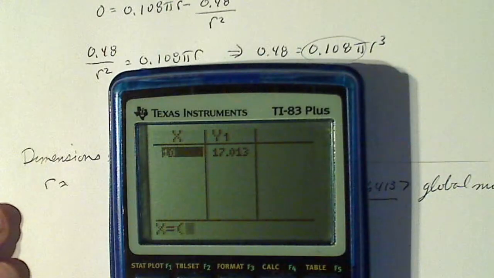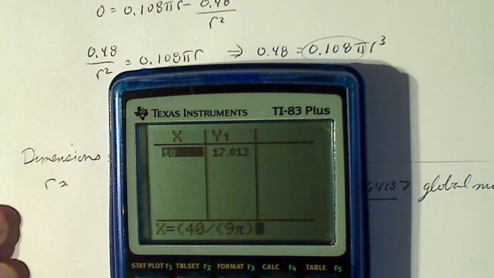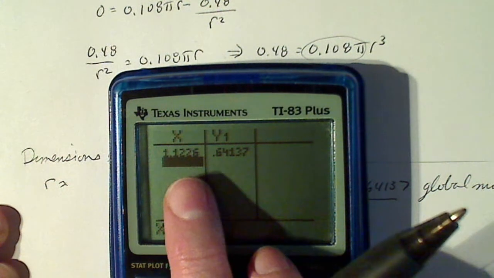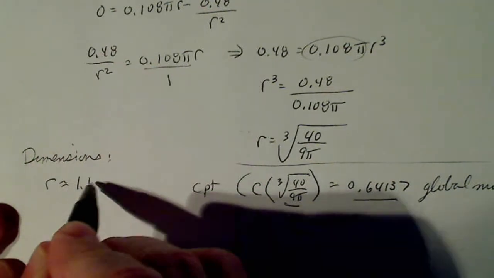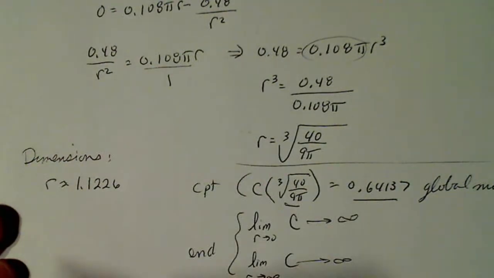Let's put it in again. 40 divided by 9 pi raised to the 1/3. And I get, oh, I'm sorry. I need this number. 1.1226. And then to get my height, I have this relationship right here.